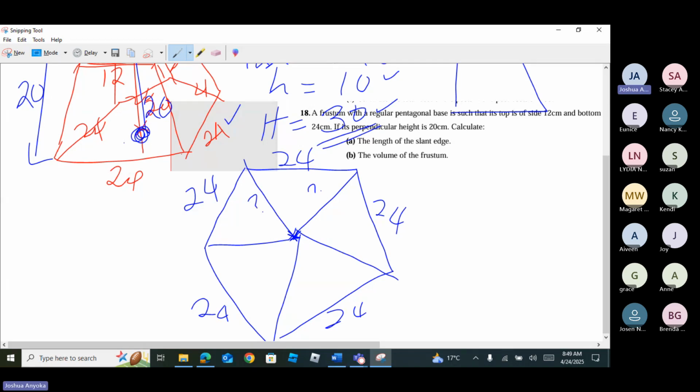If we drop a perpendicular, we get 12 here and another 12. What I want is the length from the one that is in bold, this length.